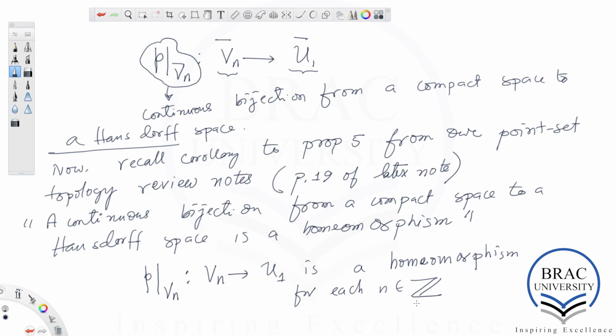Okay, so hence U1 is evenly covered by the map p. In the same way, one can prove that U2, U3 and U4 are also evenly covered by p.